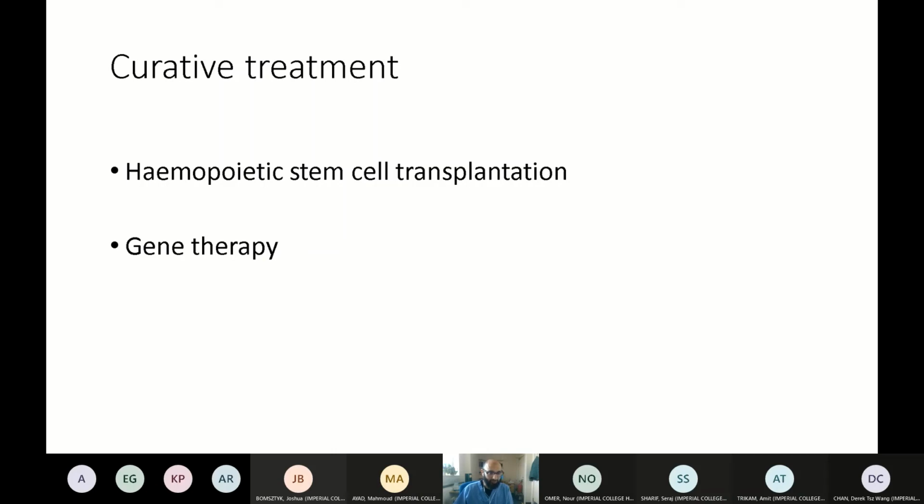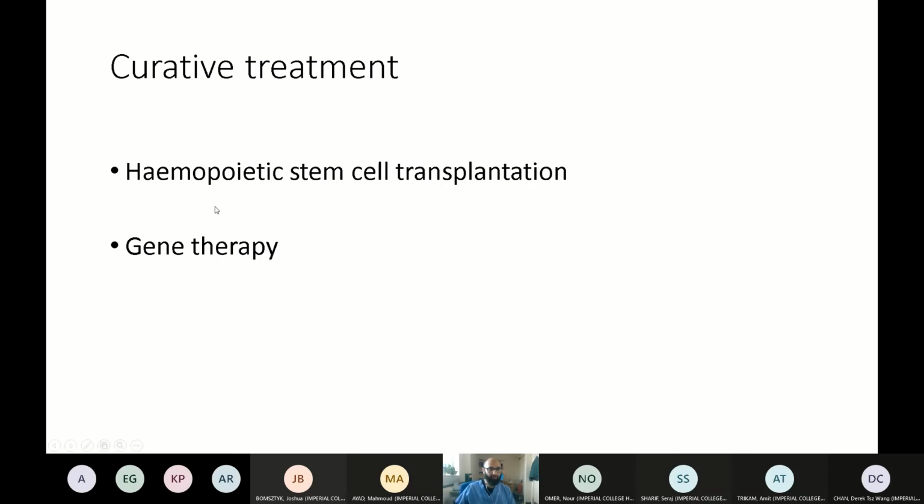However, the good news is that now the NHS, following some pilot studies, has agreed to fund transplants in adult patients as well with sickle cell disease, initially patients who've got a sibling donor. And I think that there are plans to introduce it to haploidentical donors as well, but for the time being, patients with matched sibling donors.